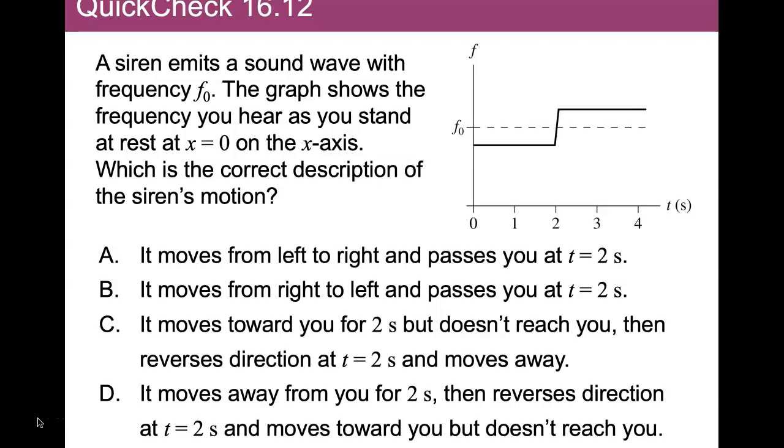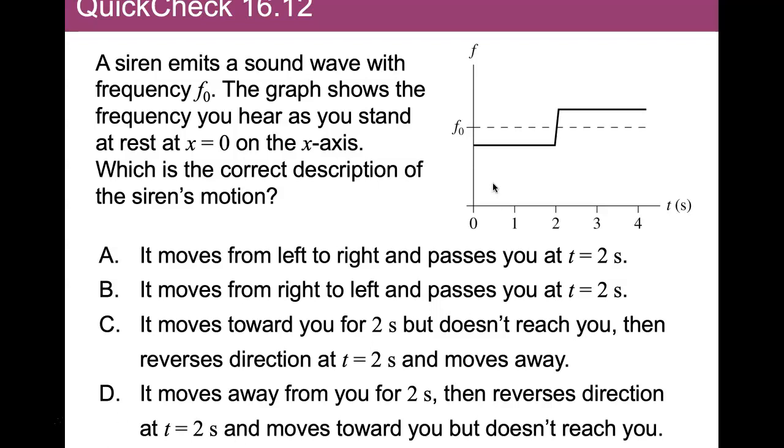So basically, we are at rest. The siren is moving, the source is moving. Before t equals 2 seconds, we hear a smaller frequency than the natural frequency of the source. After that, we hear a larger frequency, right?